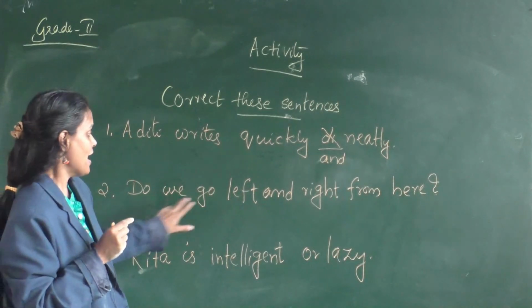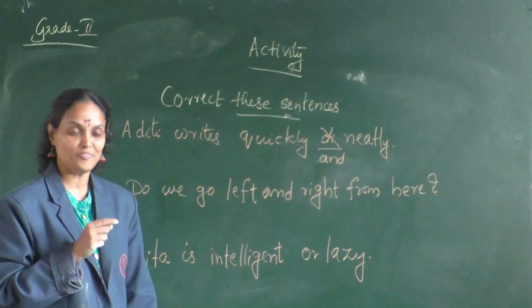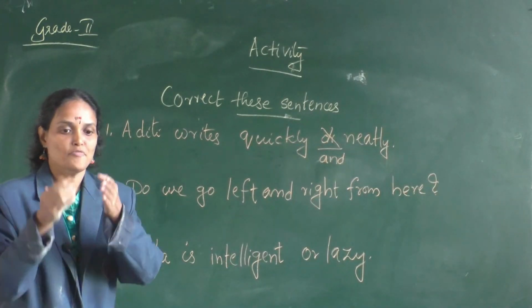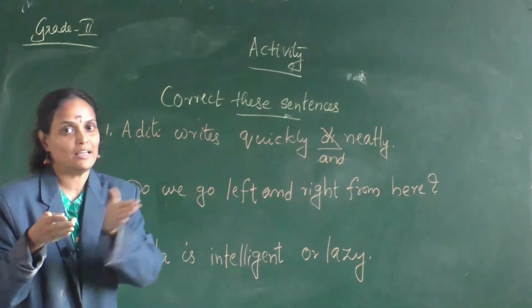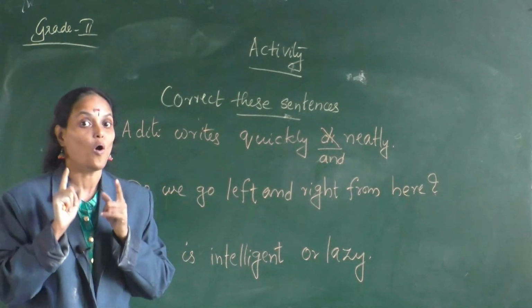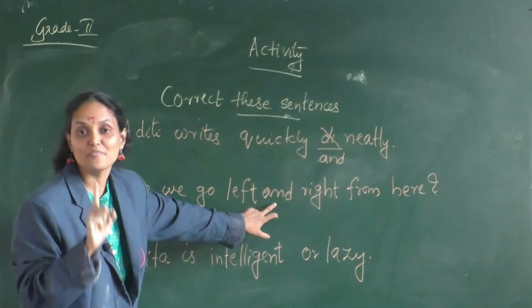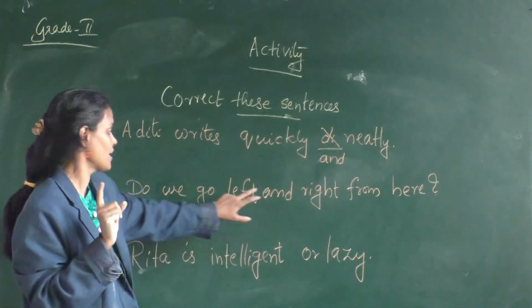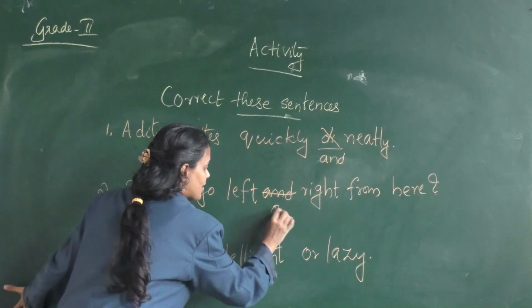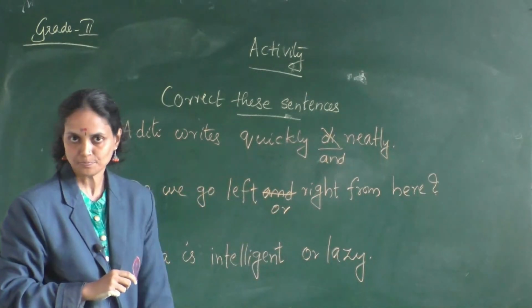Do we go left and right from here? We have reached a junction and we have got two options. From here, do we go to the left side or to the right side? Or. So, we should not use and here. Here we have got an option, a choice, left or right. This is wrong. It has to be or, left or right.